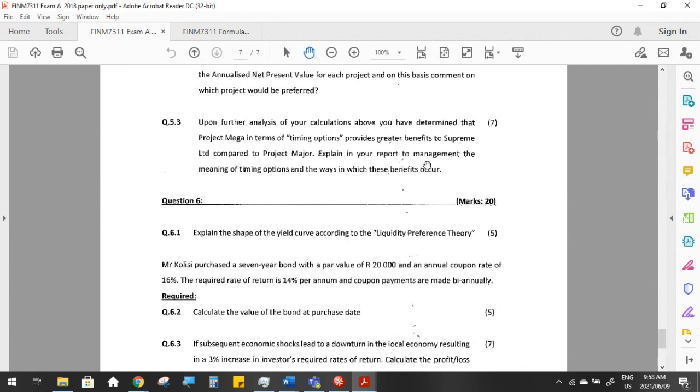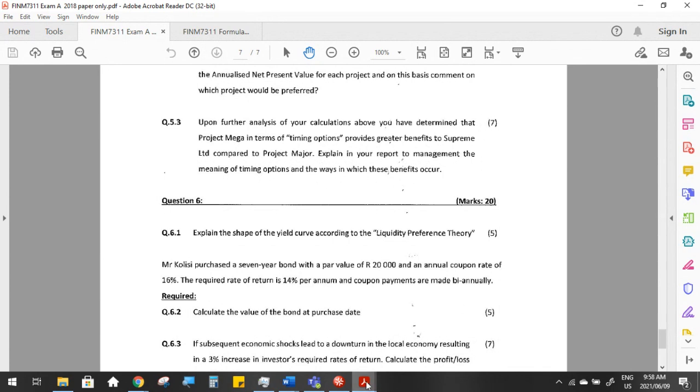Explain in your report to management the meaning of timing options and the ways in which these benefits occur. So because they've asked you to explain in a report to management, that's the format that your answer must take. You must present your answer as if you were writing a report to management, explaining what timing options mean and how those benefits would take place.